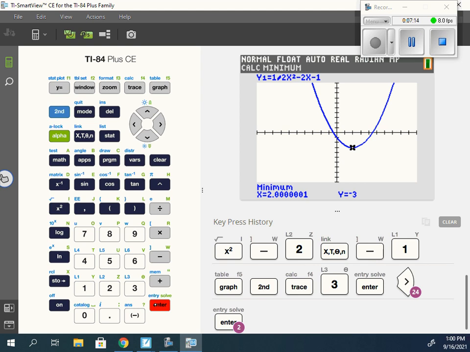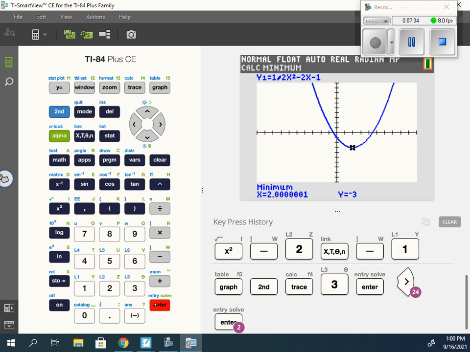So we went second, calculate. Minimum. So left bound, we need to be to the left, okay. And right bound, we need to be to the right of it. Yep.